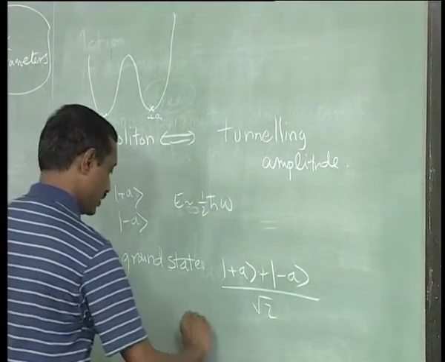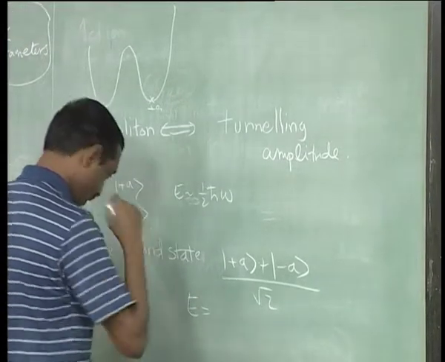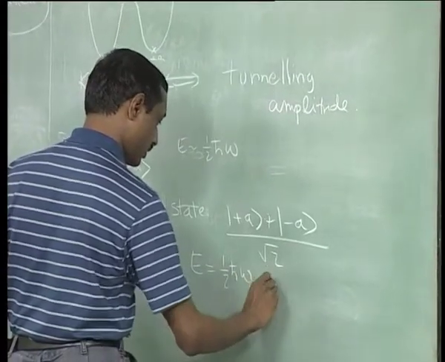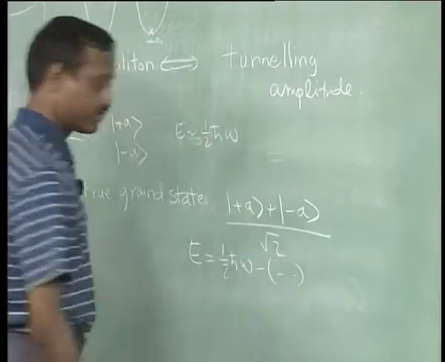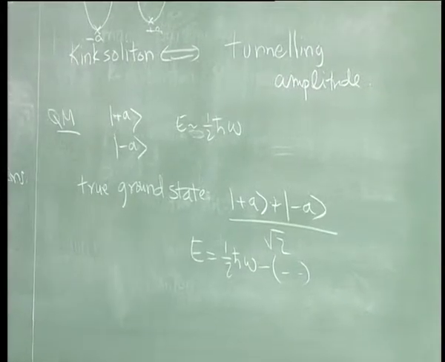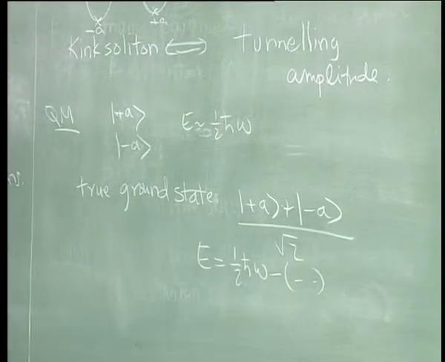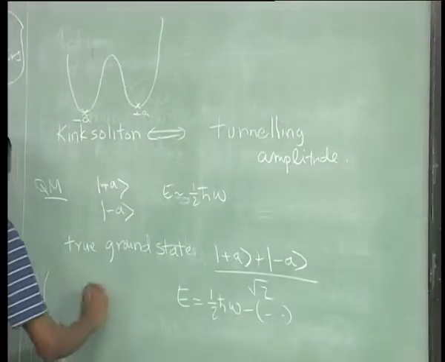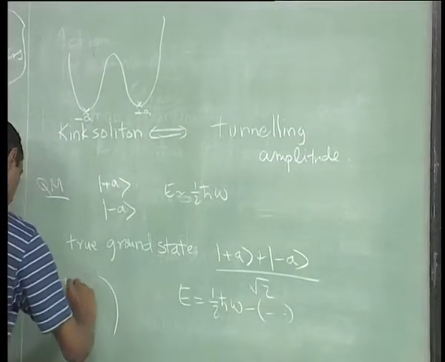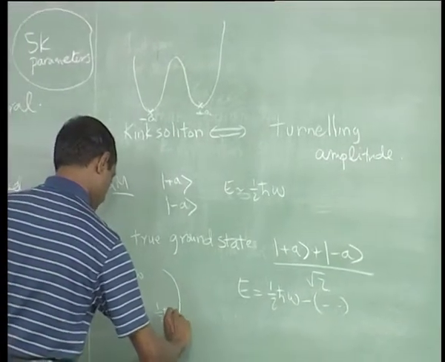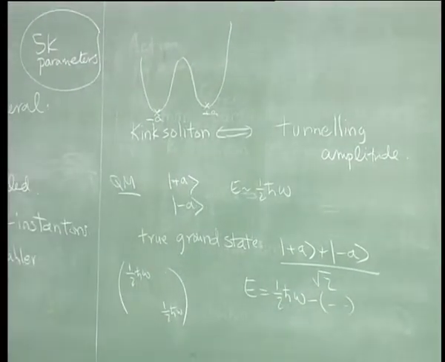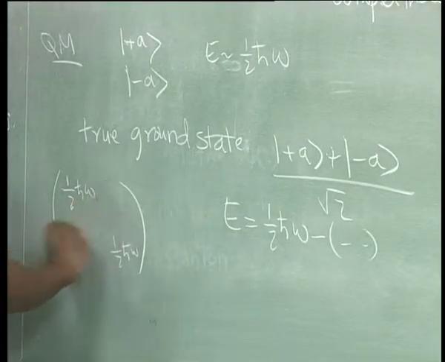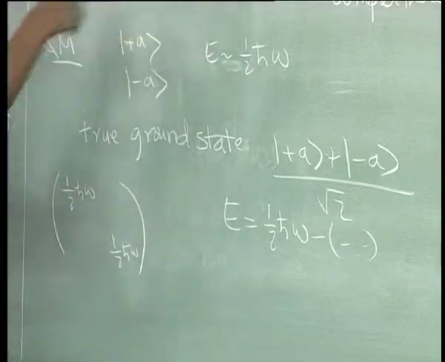And the energy would be minus something. And this is due to tunneling. So the energy would be something like half h cross omega on the diagonal, and the off diagonal terms would correspond to the tunneling contribution. Because of symmetry this will be some number, determined by the action.